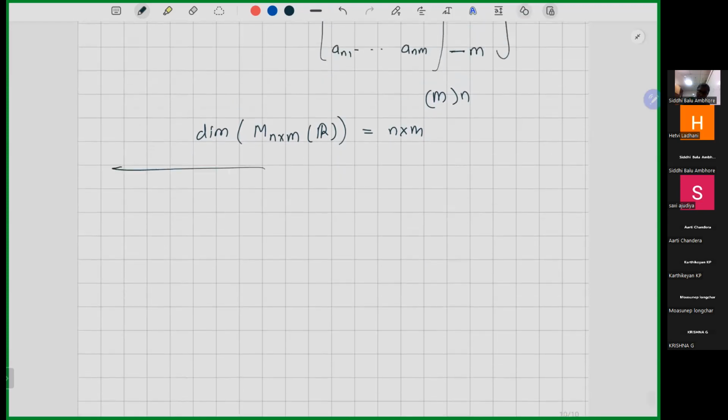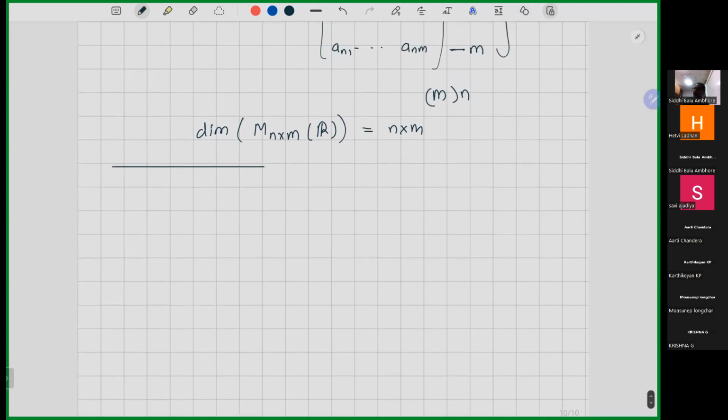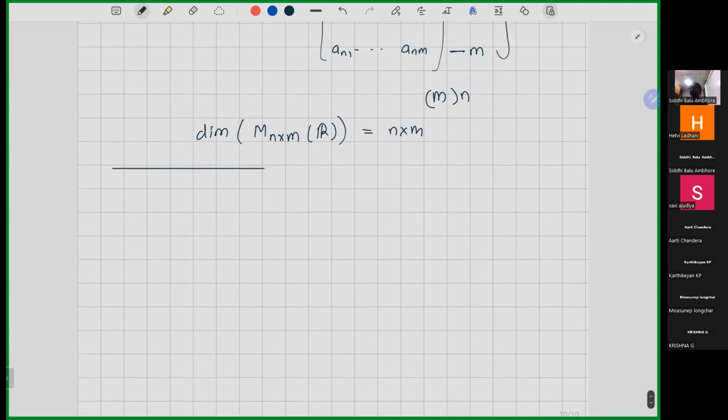So let us go to the second one, and now what Hetvi suggested will come into the picture.